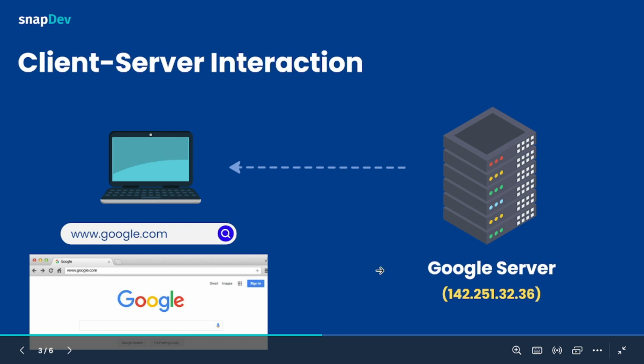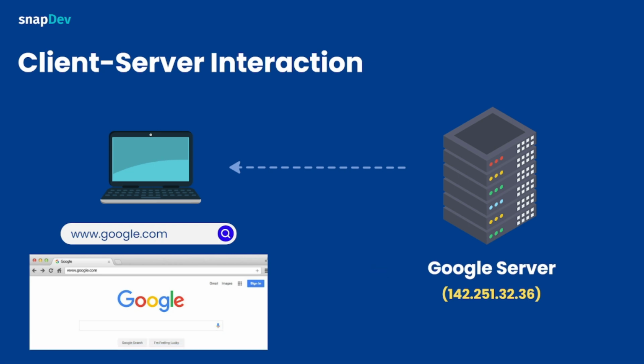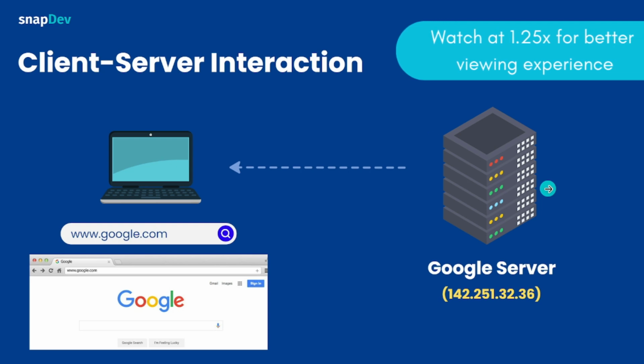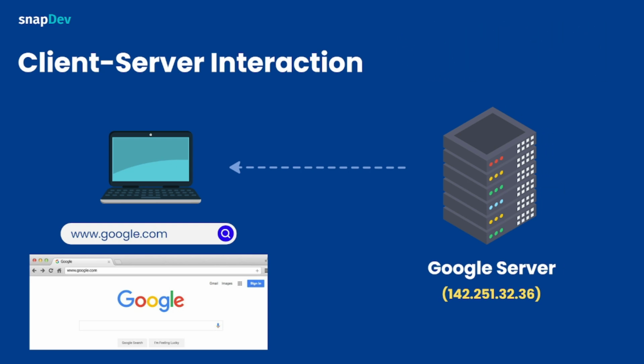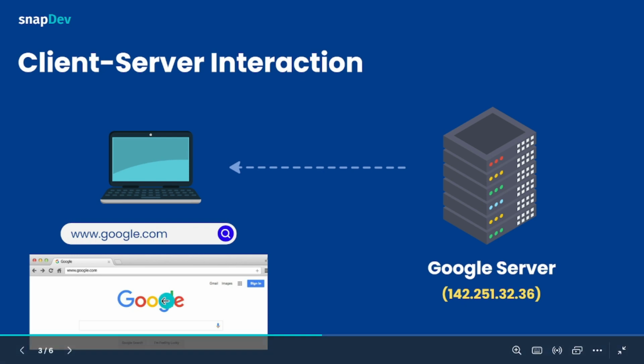That's how we could establish a connection with the Google server, right? And the responsibility of Google server is to provide you with all the code files and resources so that you can render Google homepage on your client machine, which is your browser. And ultimately, you'll be able to see Google's website, right?